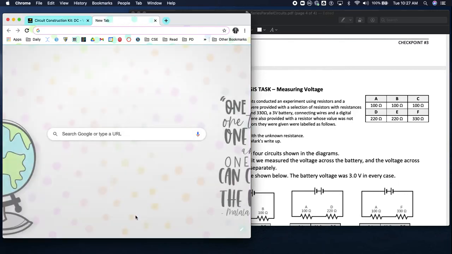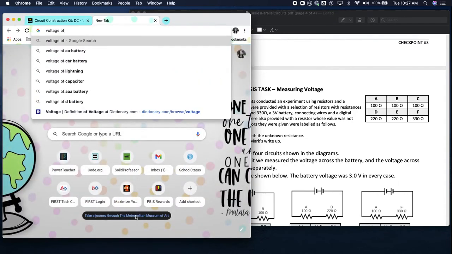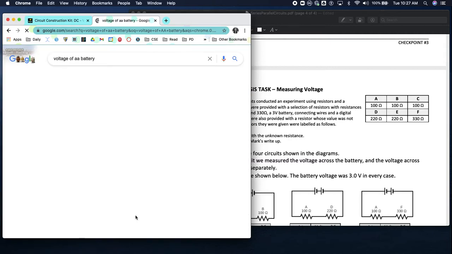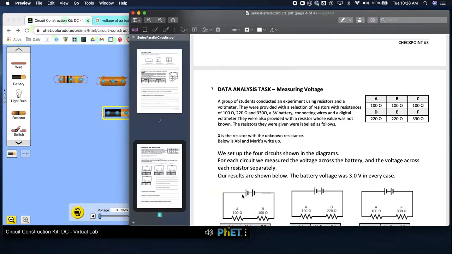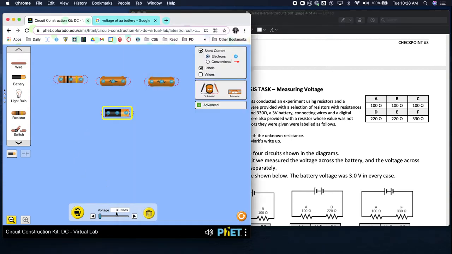If you were to Google this, a AA battery is usually 1.5 volts. So some people said that they thought it was 2 batteries because of the symbol. Well, it could be. AA batteries are usually 1.5 volts. So if we wanted 3 volts, then we could put 2 1.5-volt batteries together. But since this is a simulator, we can just make this one battery 3 volts.